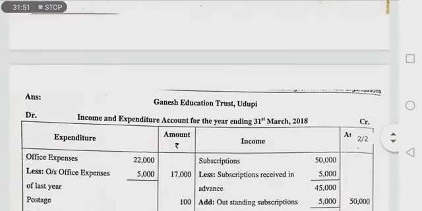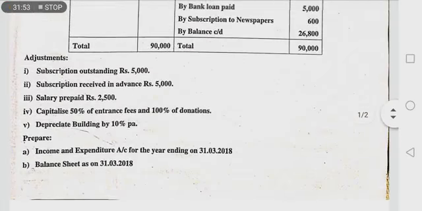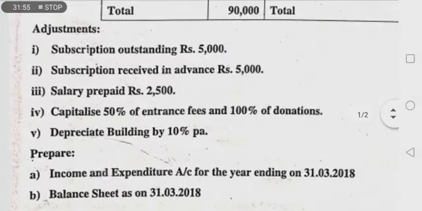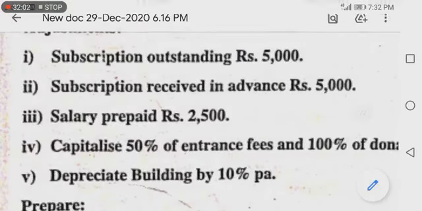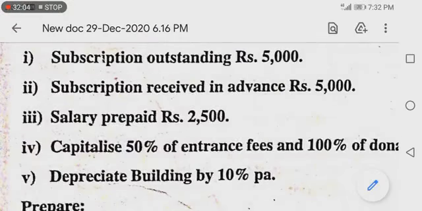And once again you have to check the adjustment. Is there any transaction left without recording under the liability side? The second transaction you can see is subscription received in advance, rupees 5,000. Whenever the organization receives an advance amount on behalf of a third person, it will be treated as a liability.